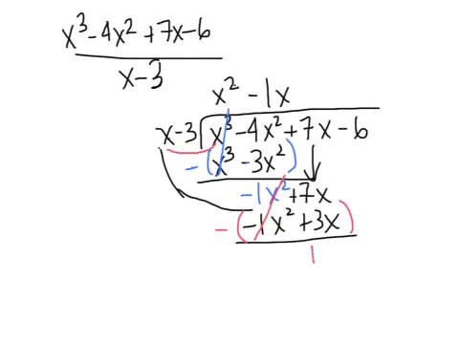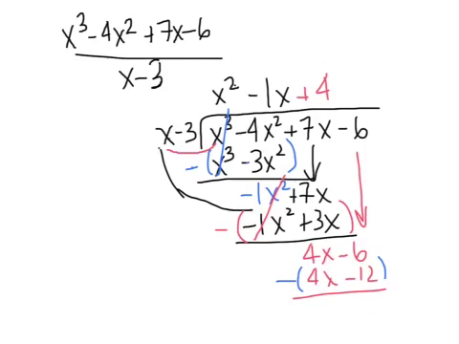And that's going to give me over here 4x. Bring down the minus 6, and we're going to get 4. Subtract the whole thing, and that will give us a remainder of 6. So we could put plus 6 over x minus 3.